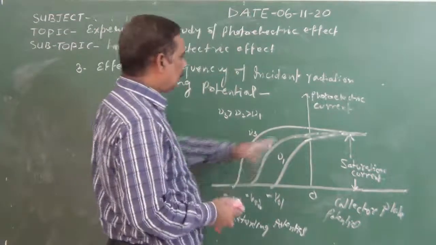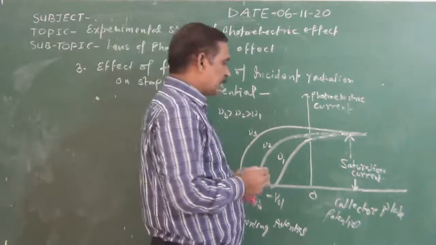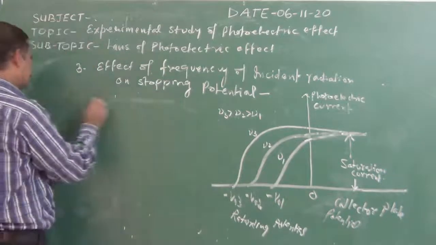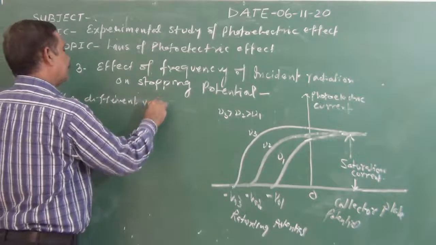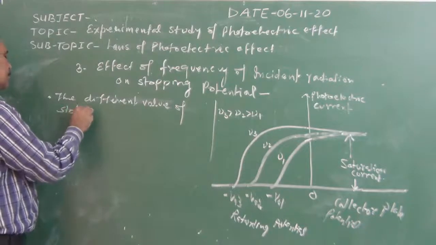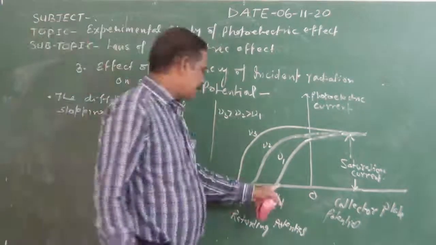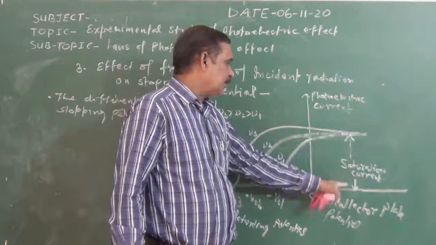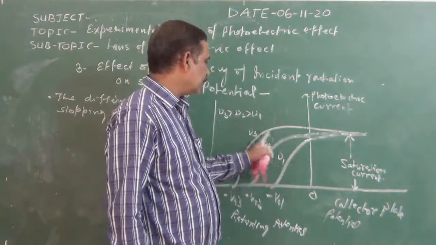So from this graph it is clear that this is the first point, the different value of stopping potential, different value means minus V01, V02, V03, but the value of photocurrent is the saturation position or steady position for the incident radiation of frequency nu1, nu2, nu3.